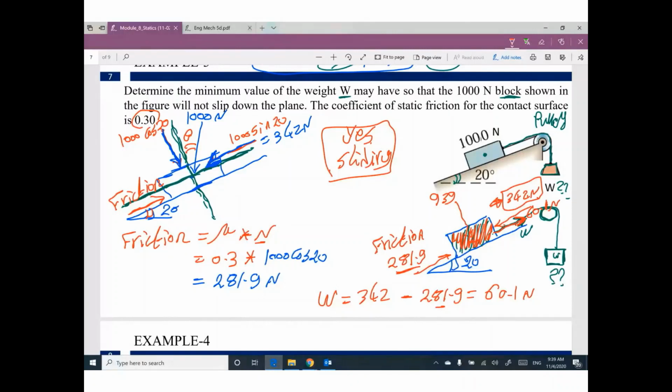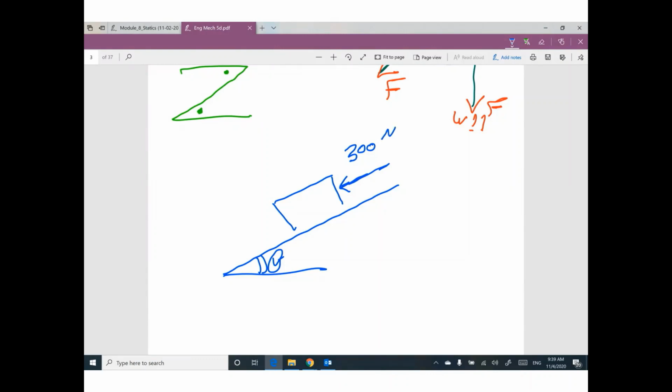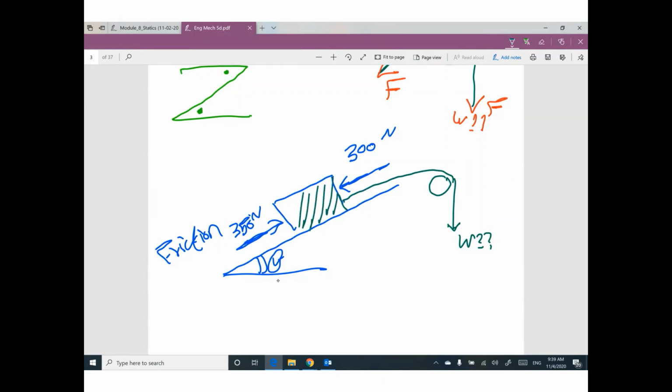I have a question. What will happen if you have angle here, if this force equals 300, for example, and this friction force equals 350 Newton? Can you tell me what is the minimum value for this weight to support this box from sliding?